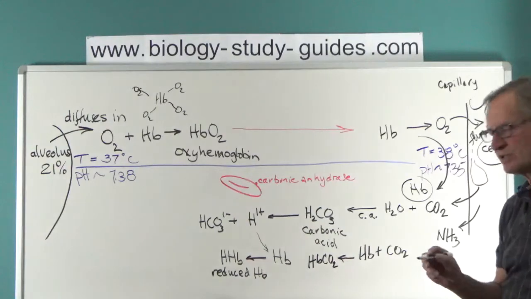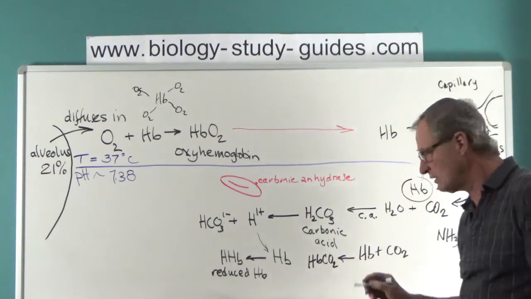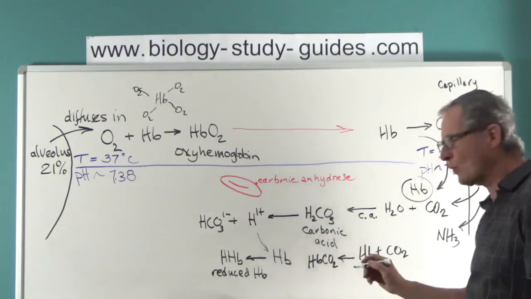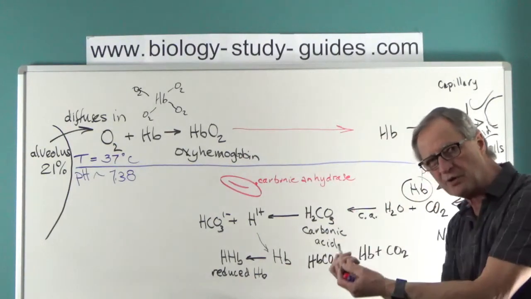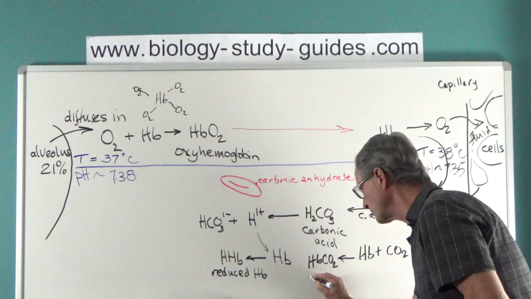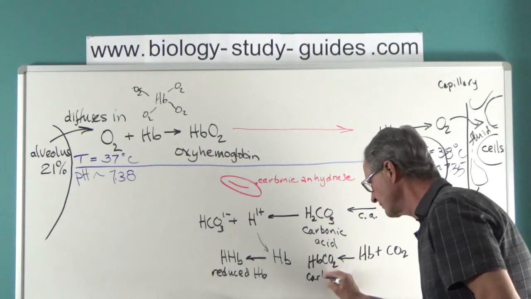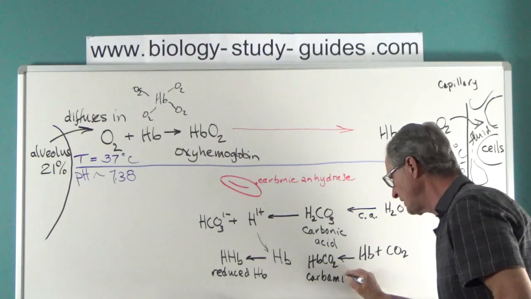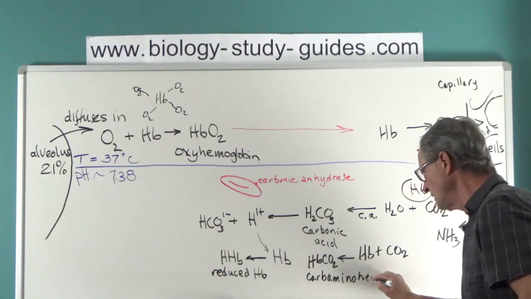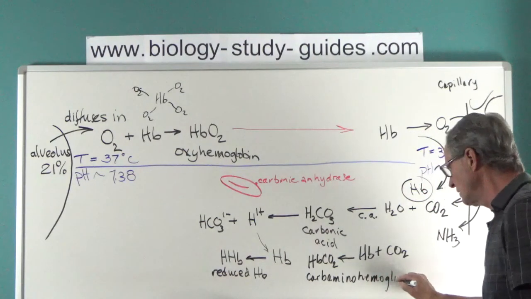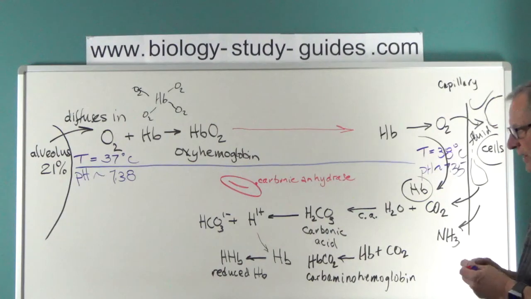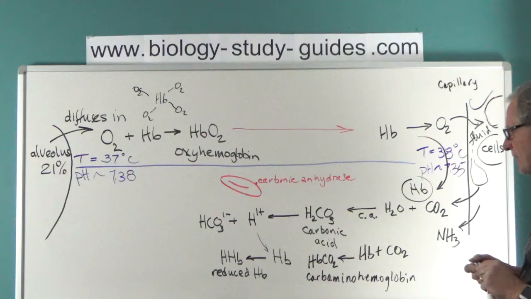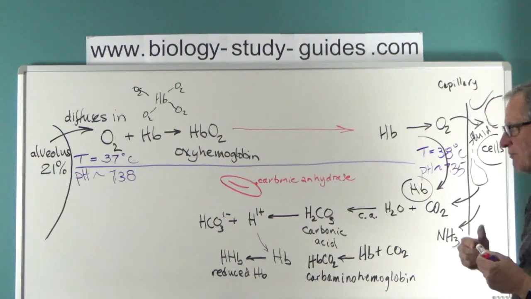The name of this one is carbaminohemoglobin, because the carbon dioxide is attached to a particular amino acid in the hemoglobin. This is known as carbaminohemoglobin, like that.